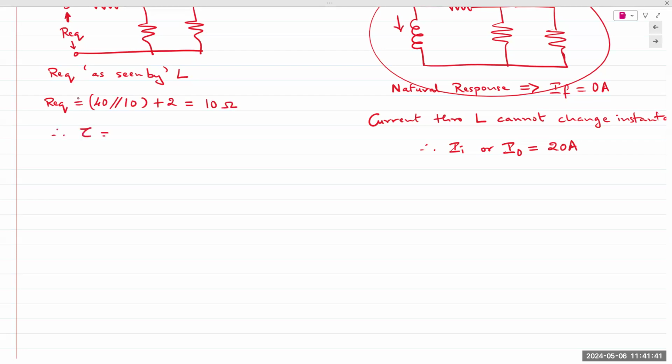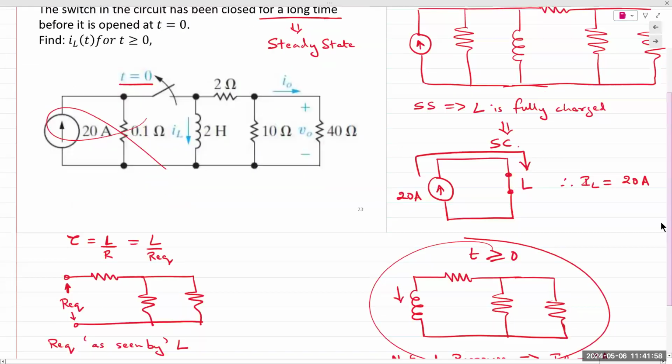So the time constant tau is L over Req. It's 2 Henry divided by 10, 0.2 seconds. Take a pause. Let me know if you have any questions.